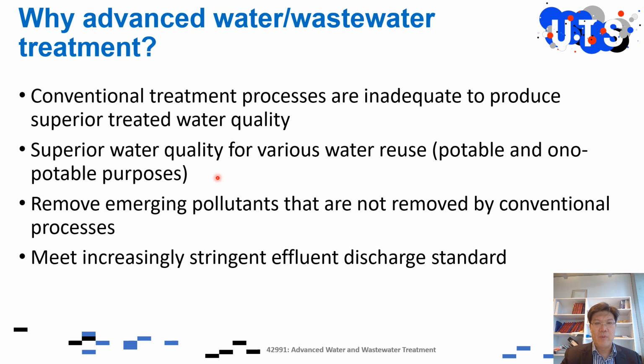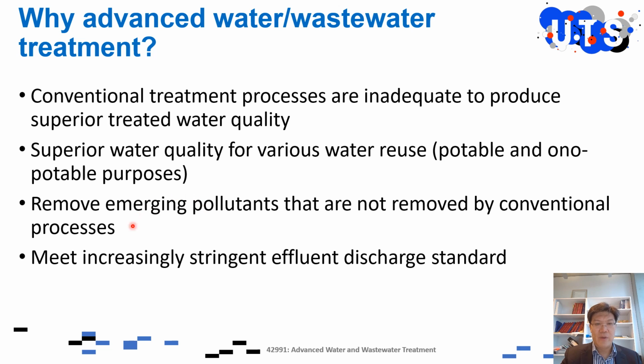Remove emerging pollutants that are not removed by conventional treatment processes. Nowadays, a lot of synthetic chemicals and synthetic materials are produced. For example, our perfumes, cosmetics, or some medicines are all emerging pollutants, which are very difficult to remove by conventional treatment processes.